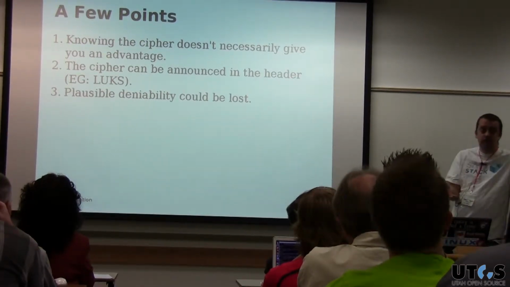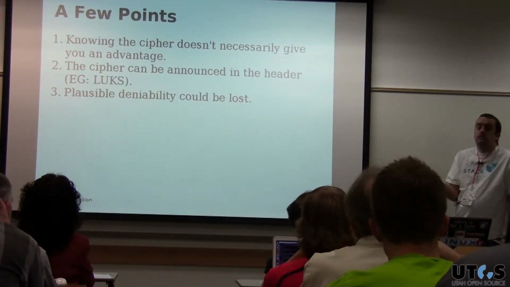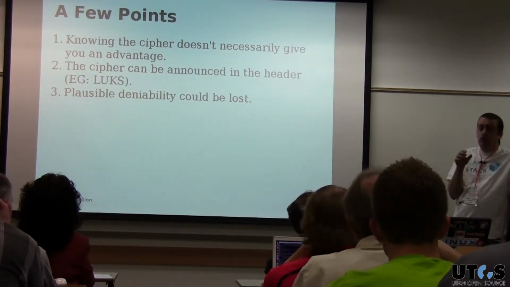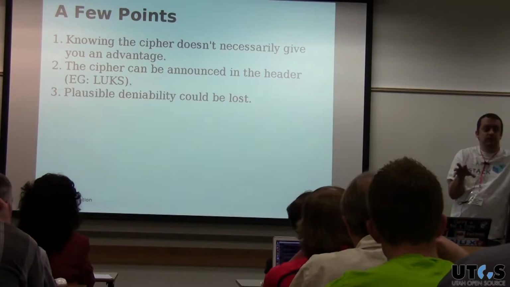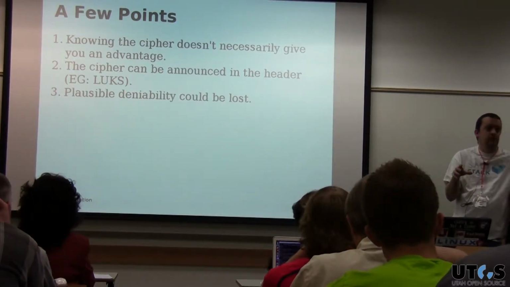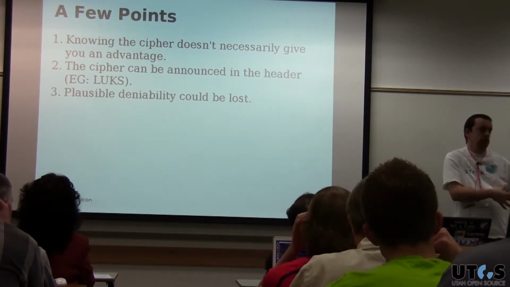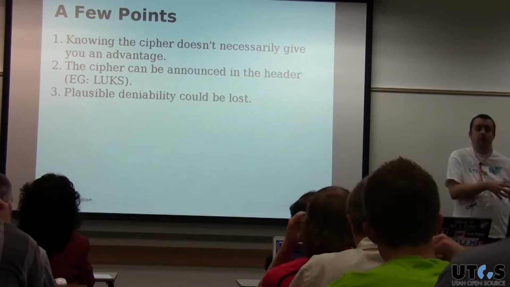So as a result, many software utilities, like LUKS or PGP, will put that sort of information in a header or in packets, right? And this can be convenient for other tools that want to utilize the crypto, okay?